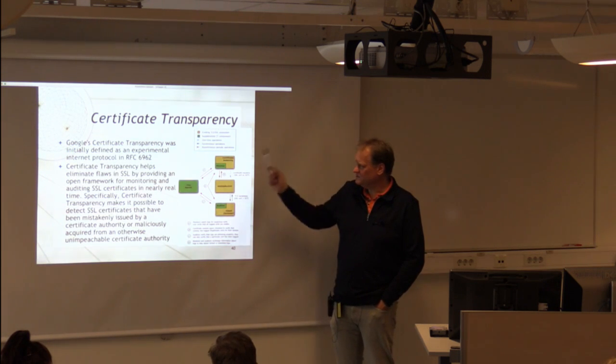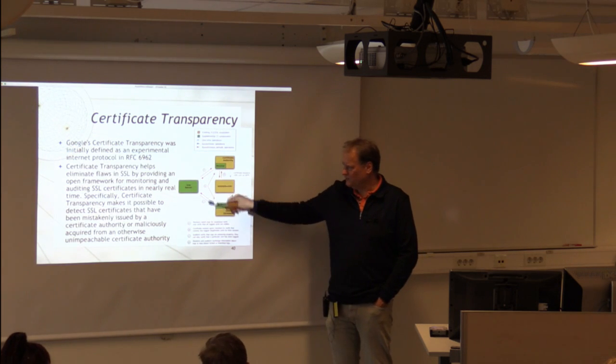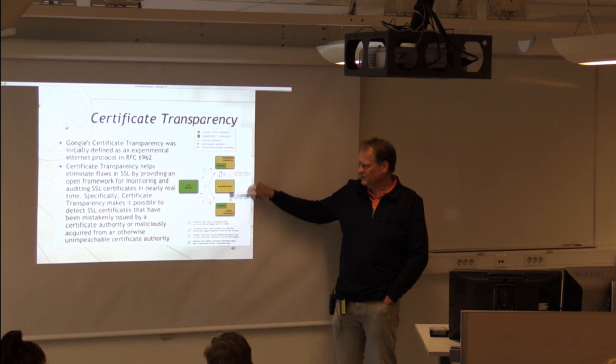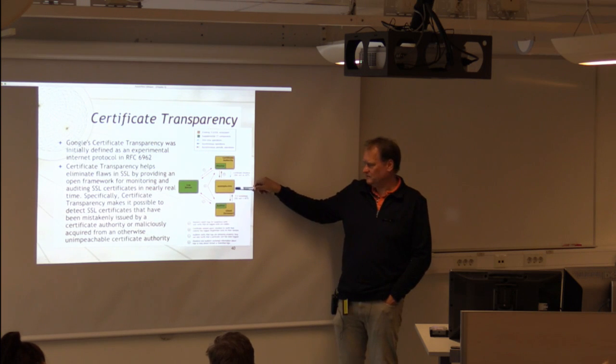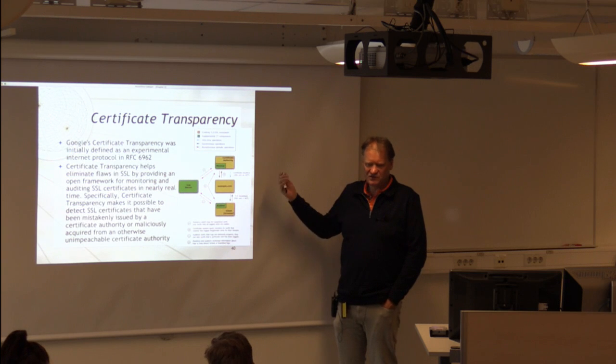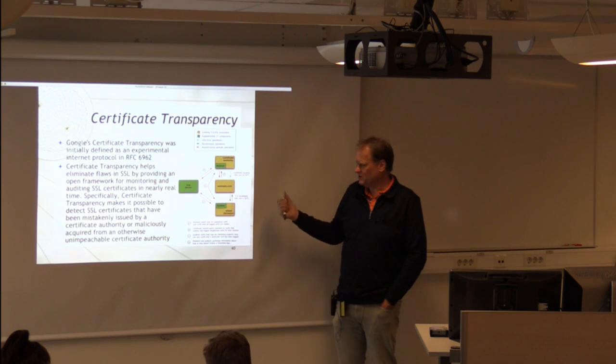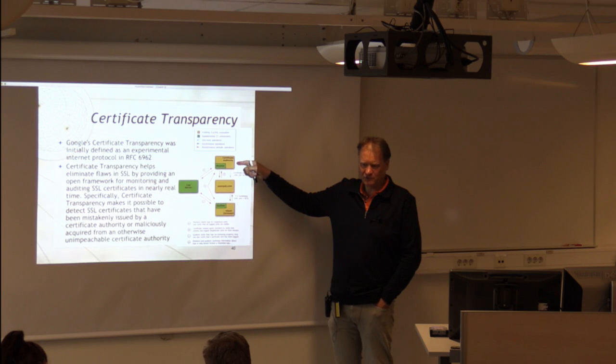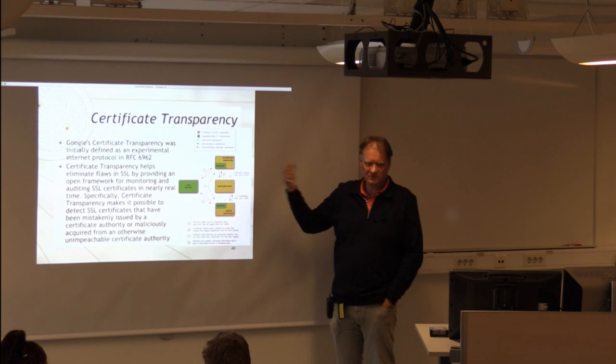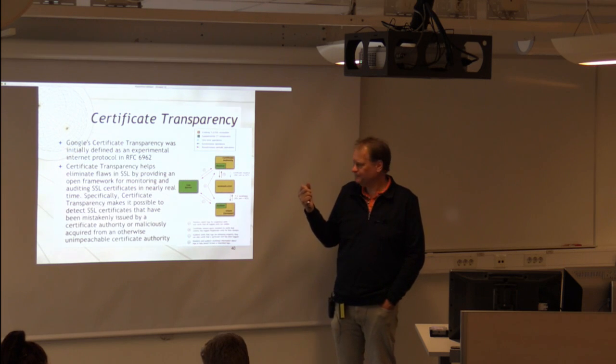But the idea with this certificate transparency is that we should have a channel around the user here, because normally we contact the website here and get the certificate, and then we use it. We might use the key from the certificate authority to check it, but we don't really go to the certificate authority when we do that. We only use the key that we have stored and saved.